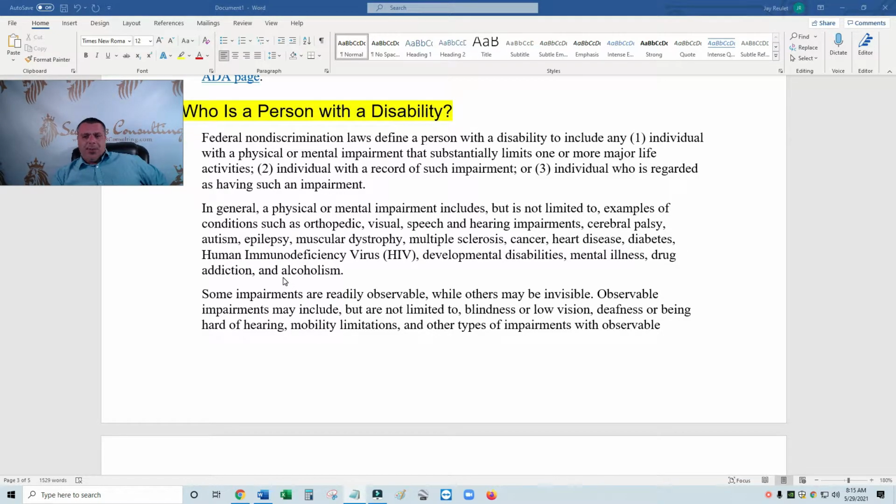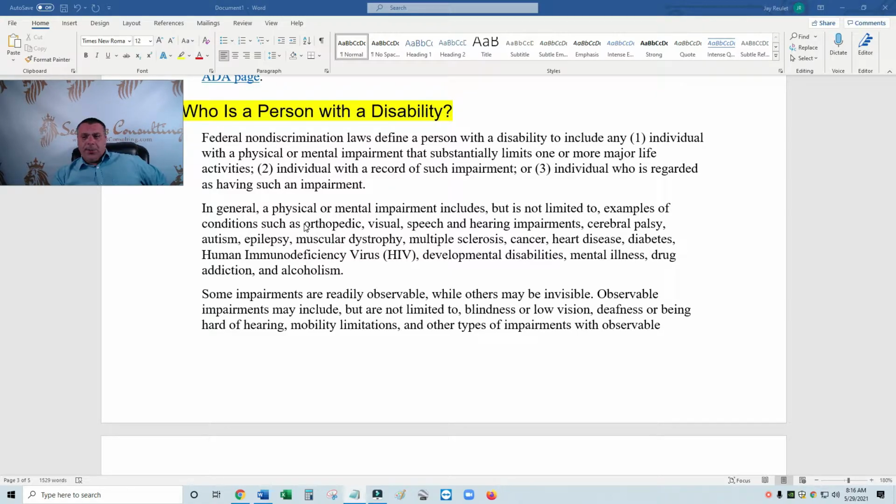Let's talk about some of these things and what they actually might mean, all right? And again, I do not hold a PhD as a doctor, so the interpretation is quite open. In general, a physical or mental impairment includes, but is not limited to, examples of such conditions such as orthopedic. Orthopedic, a good example would be those of you who have back problems. If you have degenerative disc disease in your back, where you have crushed discs and things of that nature, or they're disintegrating and other stuff, that's most applicable for that.